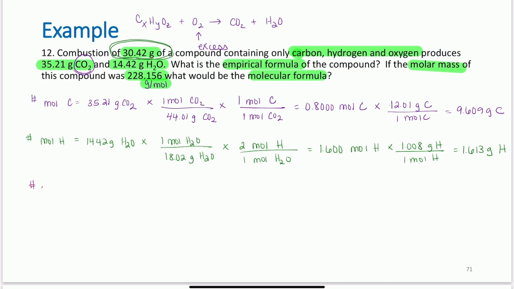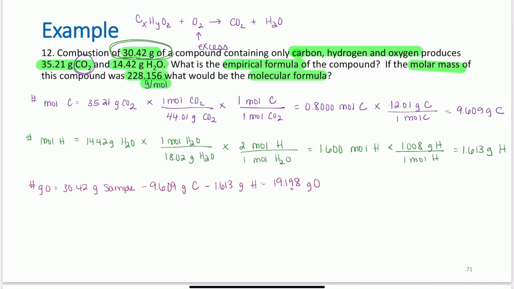So to find the number of grams of oxygen, I know I have a 30.42 gram sample. I'm going to subtract out 9.609 grams of carbon and 1.613 grams of hydrogen, and I find that I have 19.198 grams of oxygen.